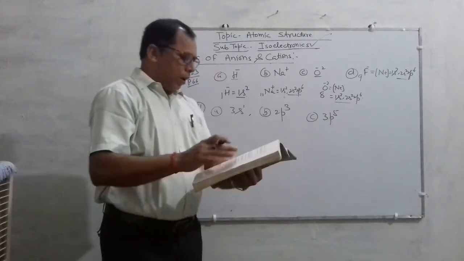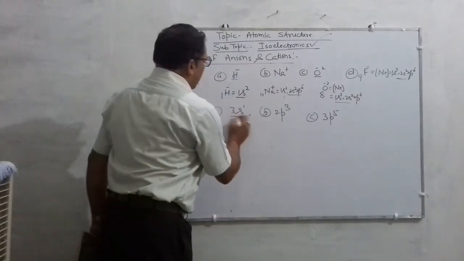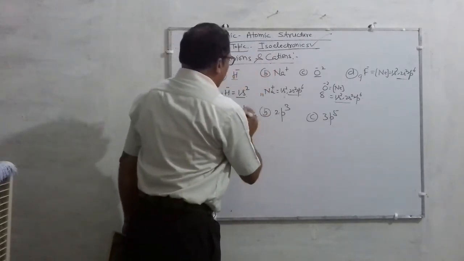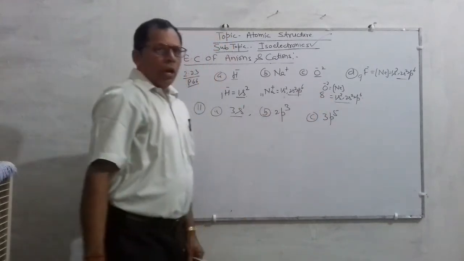Children, the question is, what are the atomic numbers of elements? We have to find the atomic number of elements having such a number of electrons in their outermost shell.